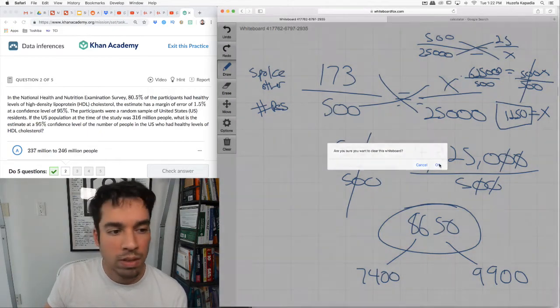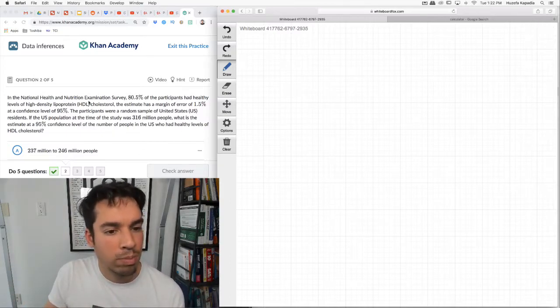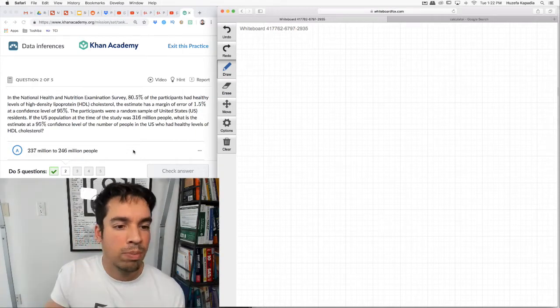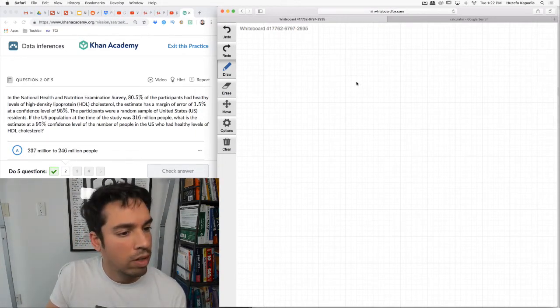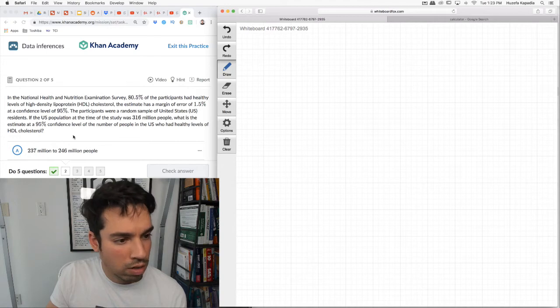Next, in the National Health and Nutrition Examination Survey, 80.5% of the participants had healthy levels of this. The estimate has a margin of error of 1.5%. The participants were a random sample of the United States. If the United States population was 316 million, same confidence level, how many had healthy levels?